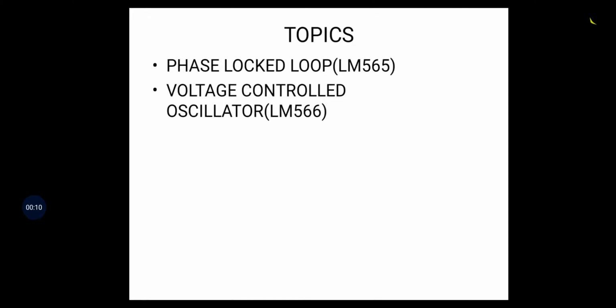Today in this lecture, we are discussing phase lock loop and voltage control oscillator. What is meant by phase lock loop? It locks the phase, that means output phase equals input phase.